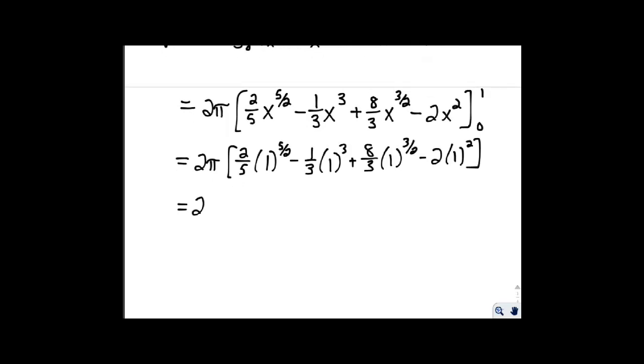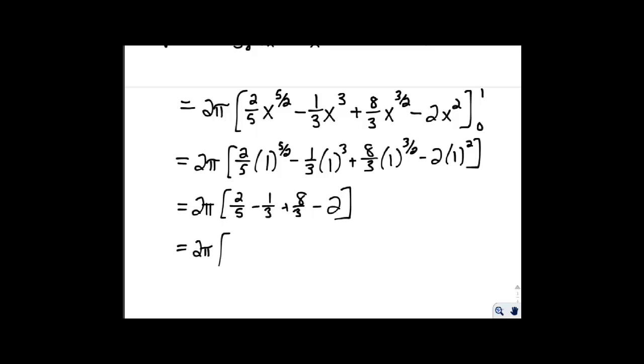Like I said, lucky for us, we're only doing 2/5 minus 1/3 plus 8/3 minus 2, which gives us 7/3. So if we do this, we get 2 pi.